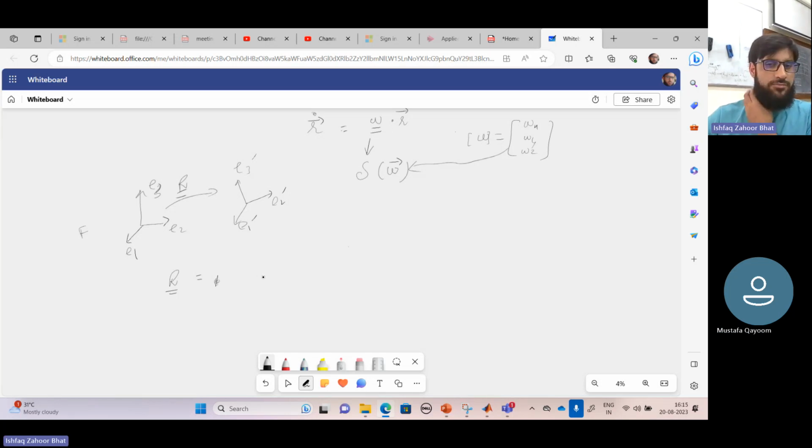So this R is a tensor, to give it a feel that it is something which has nothing to do with the components.